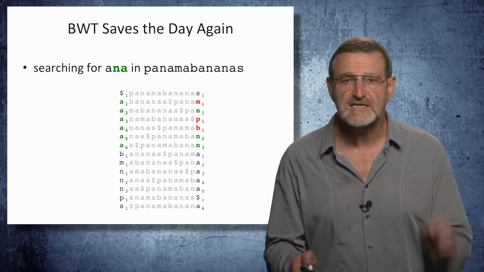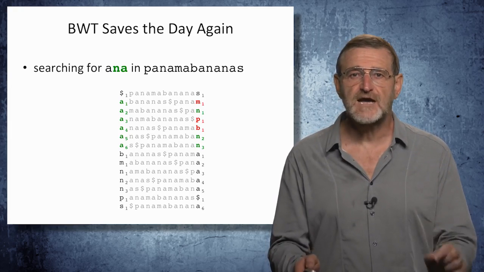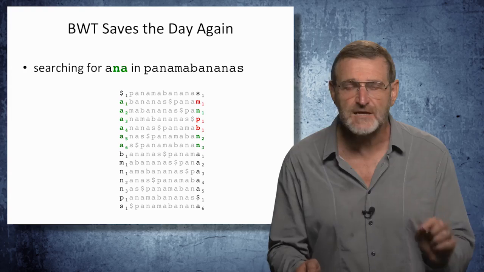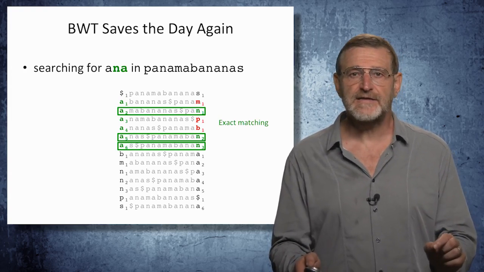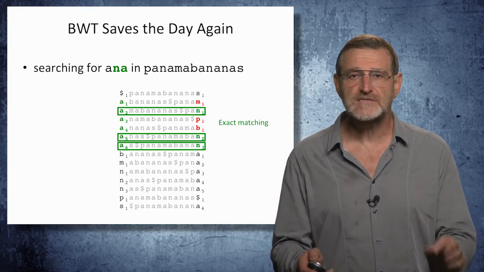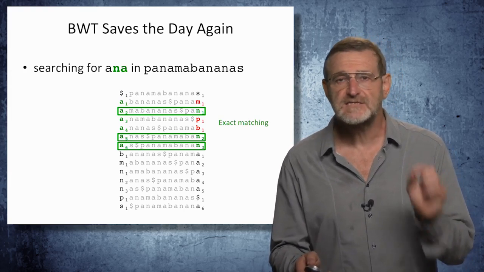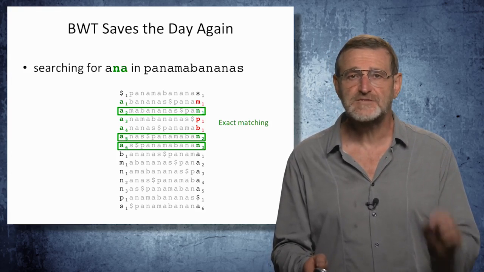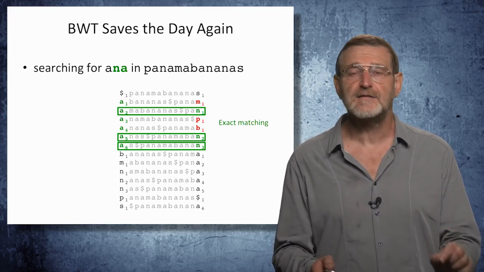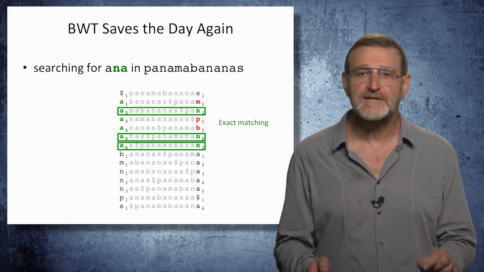And among 6 rows that start with A, only 3 of them actually end with N. Here are these rows, and we are interested in them. They form exact matching of the last 2 symbols of Anna to our text.